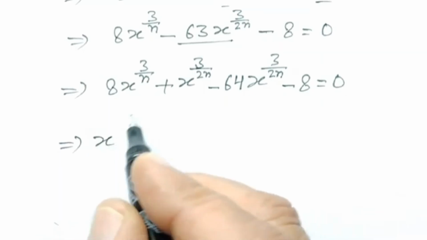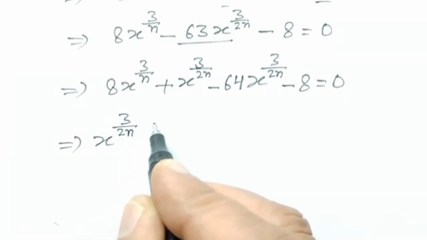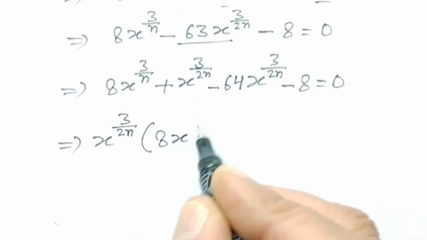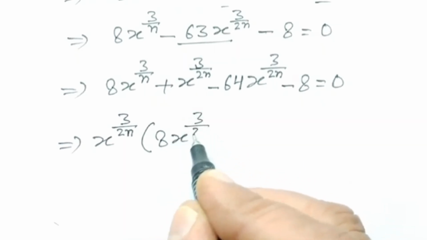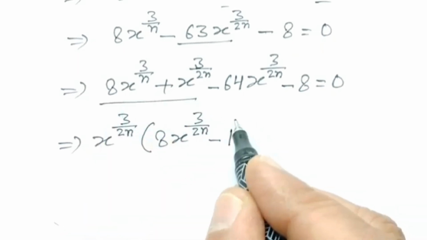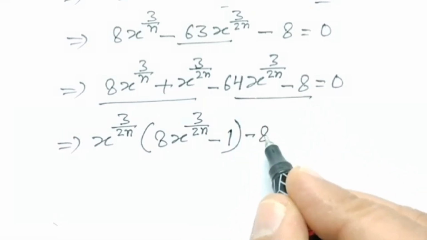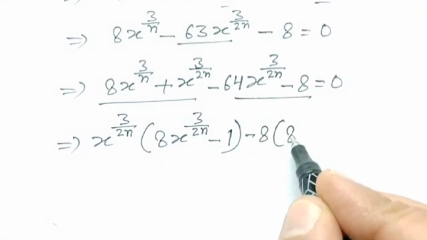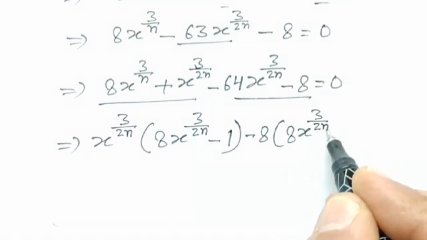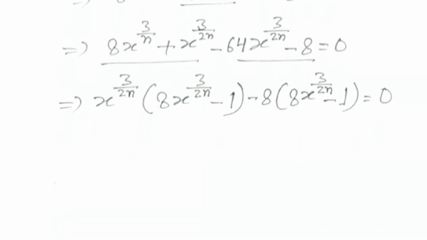If we take x^(3/2n) as common, we have remaining 8x^(3/2n) minus 1. And here minus 8 as common, so 8x^(3/2n) minus 1 is equal to 0.